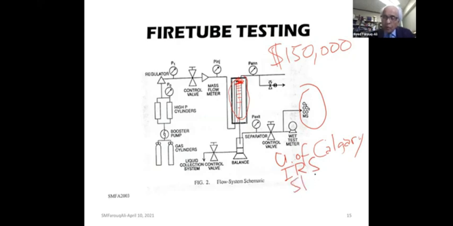And Skoltech, a beautiful new university in Moscow, I've been there a couple of times, they too have a really reliable, good tube to do these kinds of tests. A typical test will take almost 15 days of work. That's why it costs so much.